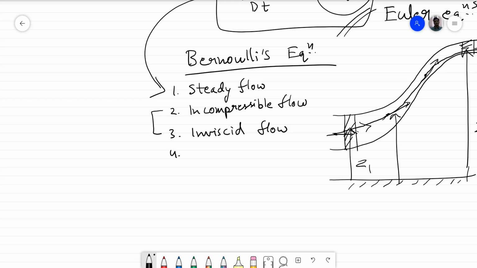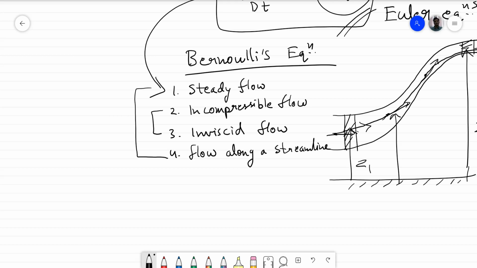And the fourth is that the flow should be along a streamline. So these two additional assumptions, that it has to be steady flow and the flow should be along a streamline.